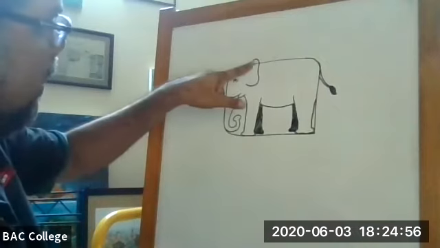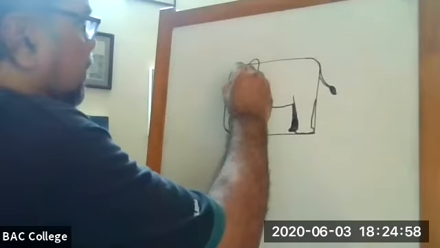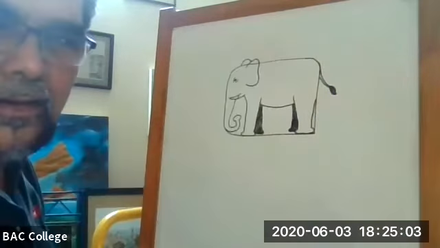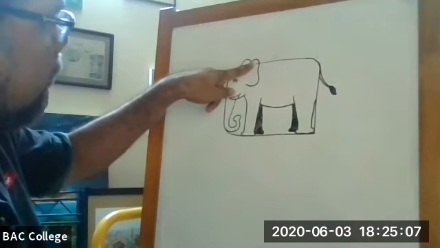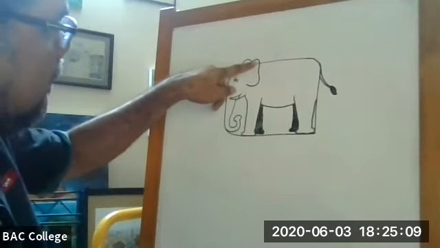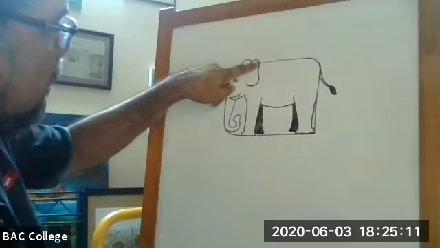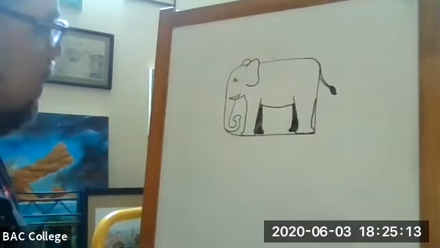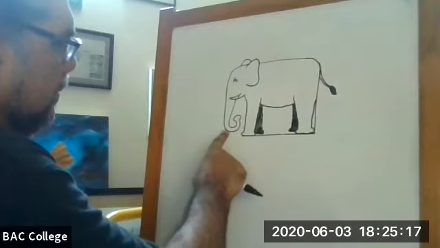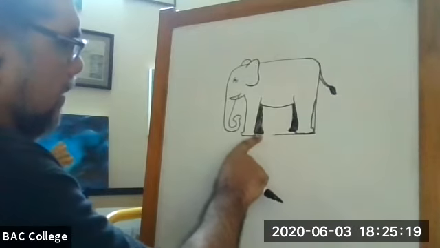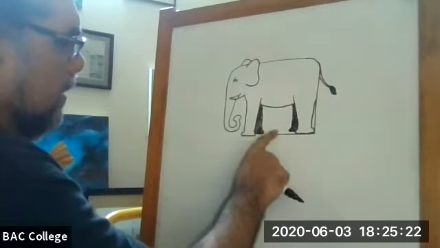You can see the other ear as well on the other side of the head. And here you'll have to rub off the line, and rub off the line here, and here.